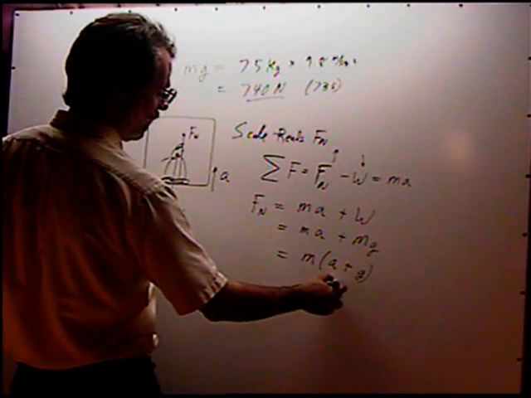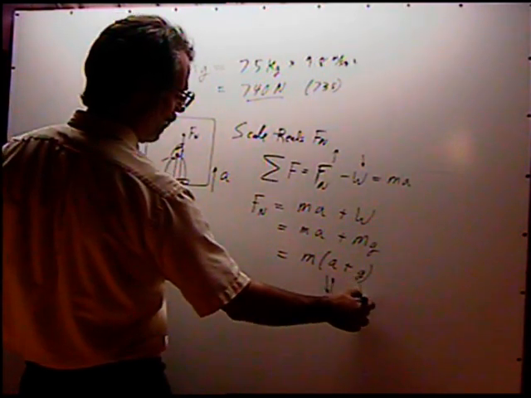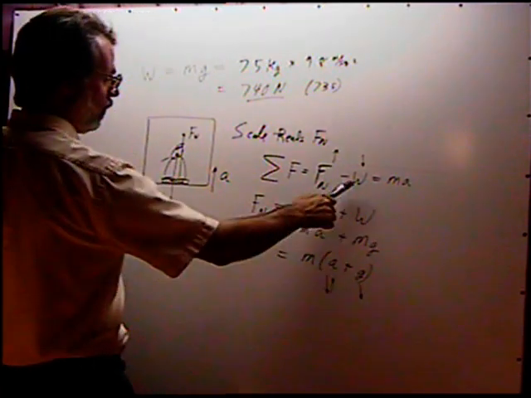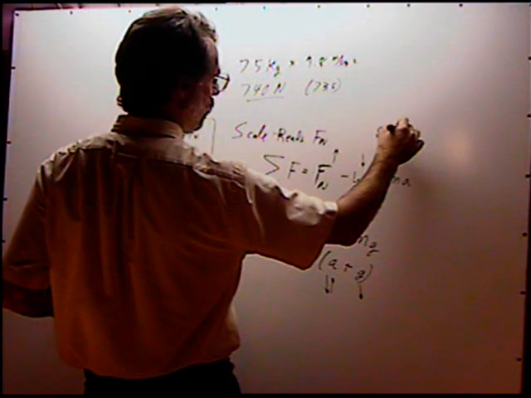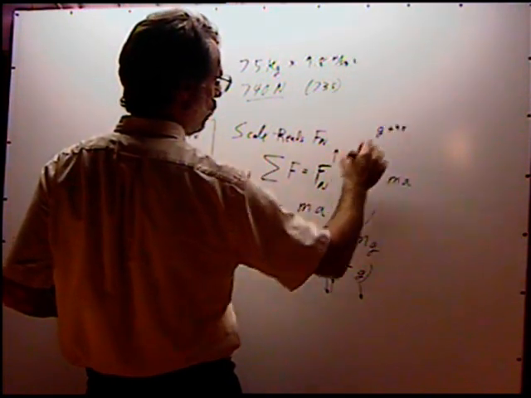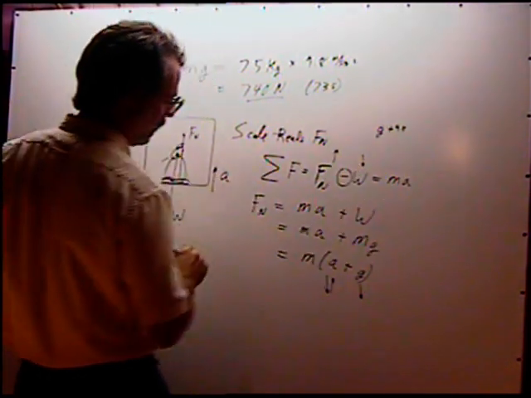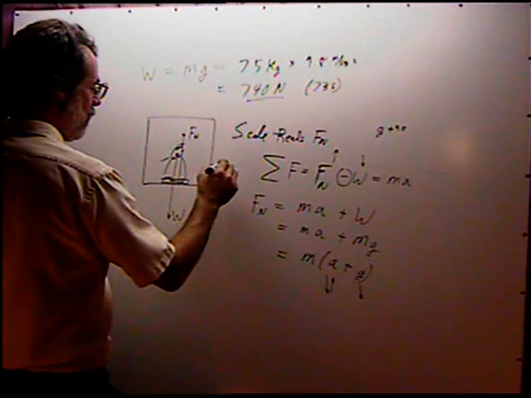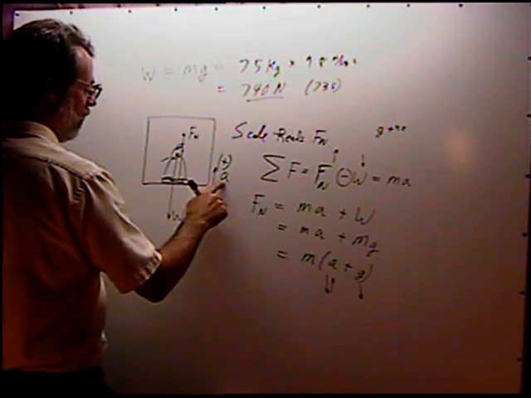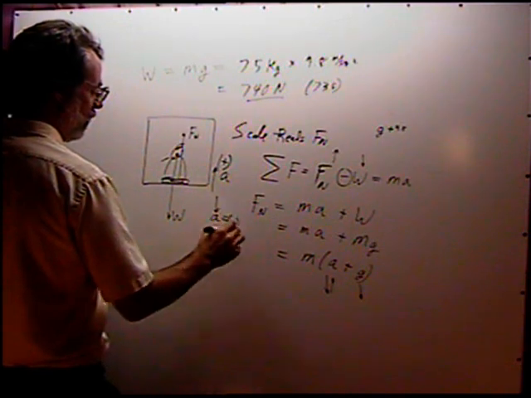The acceleration can either act up or act down. The gravity, of course, always acts down. But remember now, we're saying that g is a plus 9.8, and we've taken into account the negative downward direction with the negative arrow here. So if the acceleration is up, it's plus. If the acceleration is down, a is a negative number.